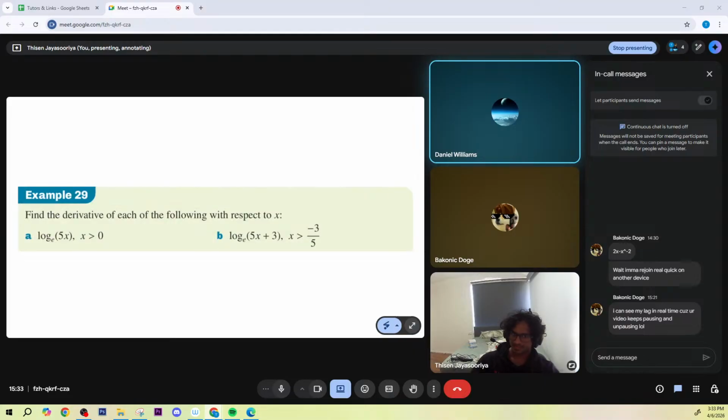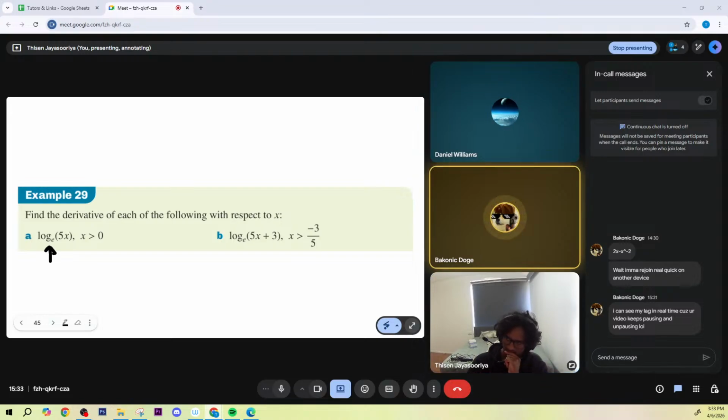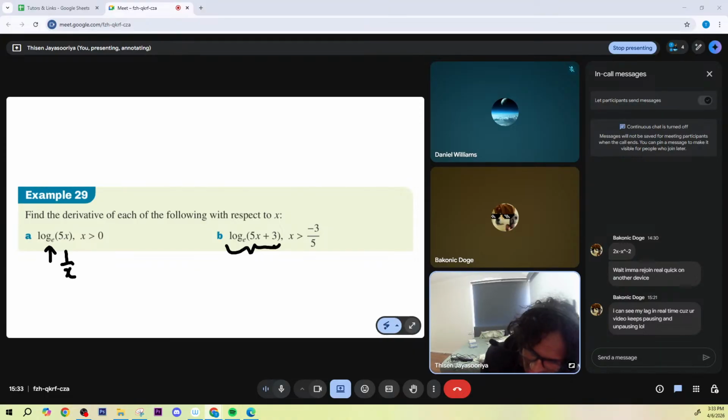So here, what's the derivative of this function? 1 over x. Now, we haven't been given something in this form. What can I use? What is my go-to best friend in differentiation?